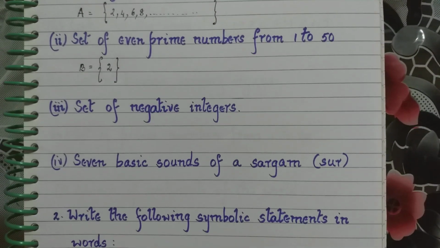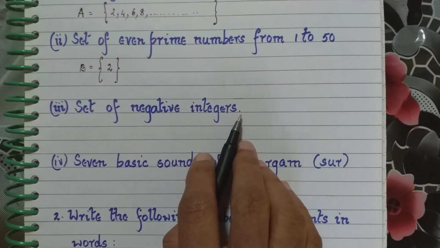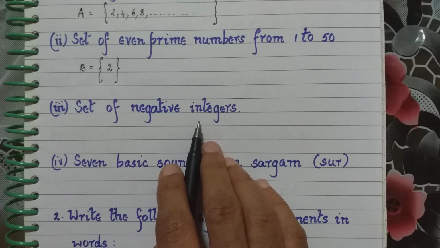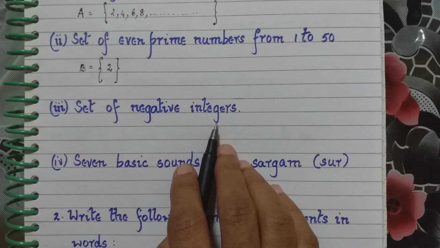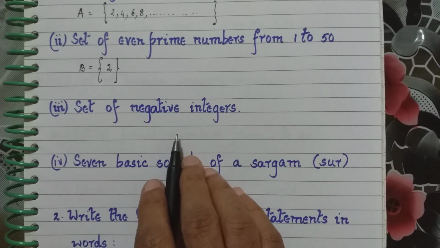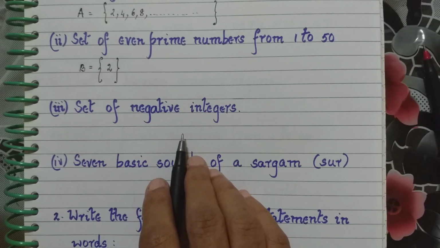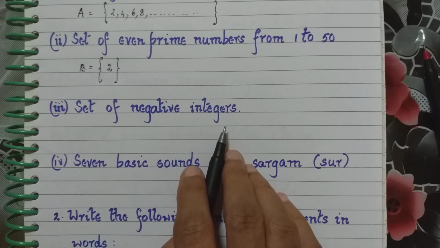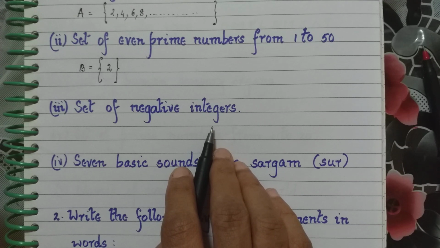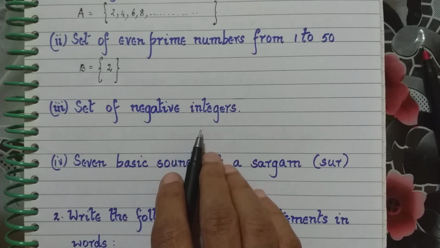Now, going to the set of negative integers. When I say negative integers, I must have the minus sign for each of them. The smallest integer is 1. So, smallest negative integer will be minus 1.